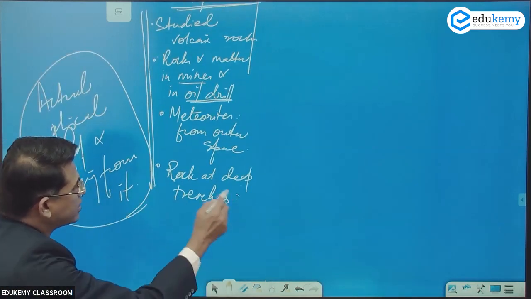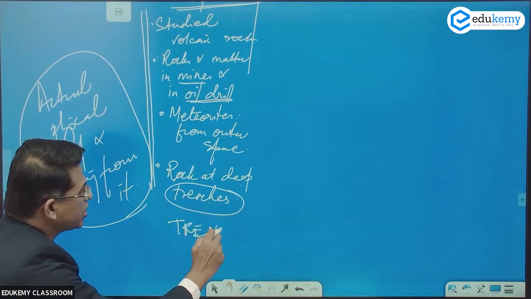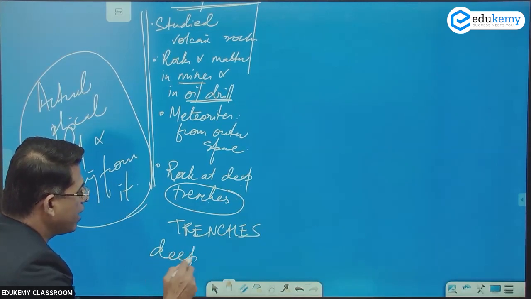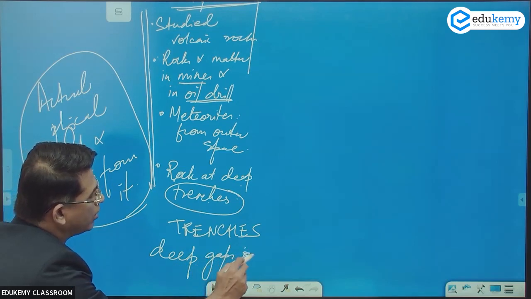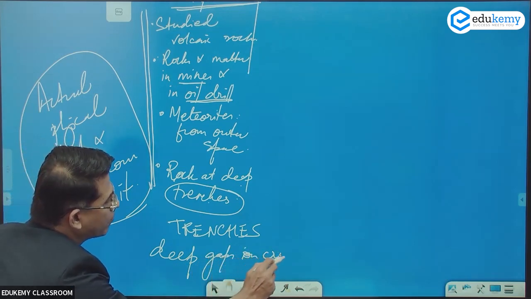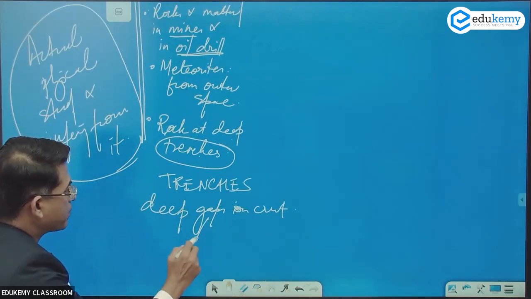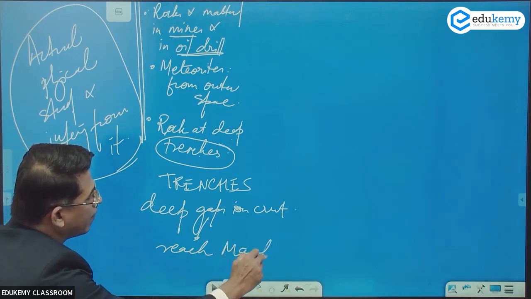You know what are trenches? Do you know what are trenches? Trenches are very deep gaps. They are deep gaps on the crust. These gaps can reach the mantle.